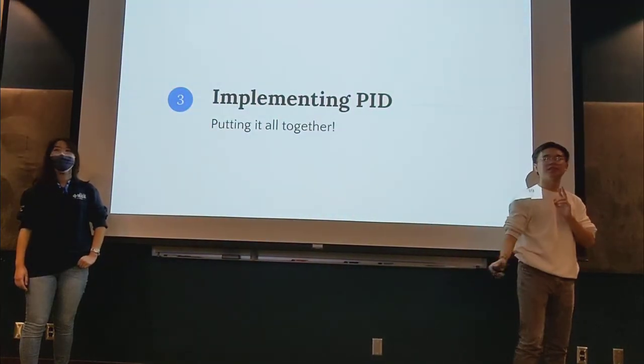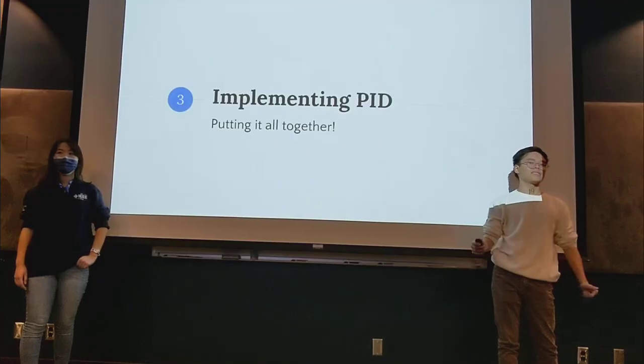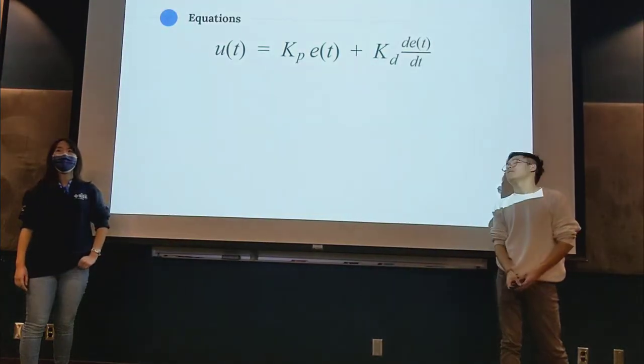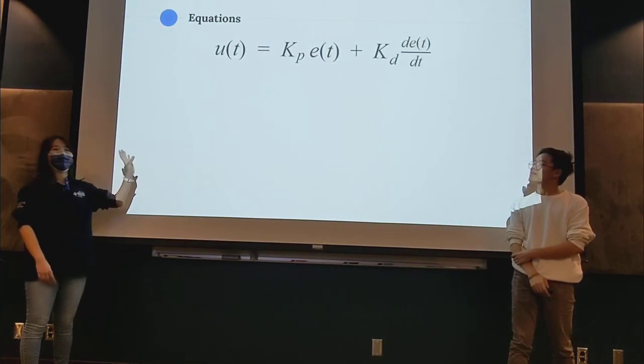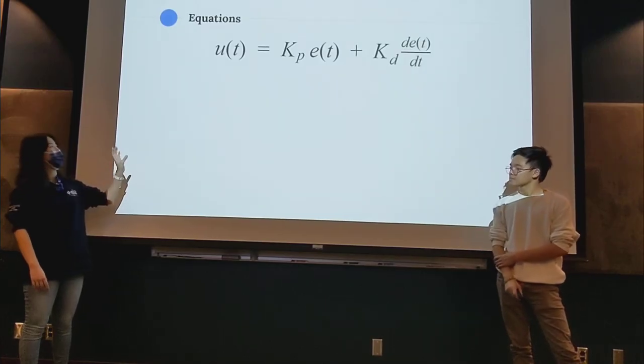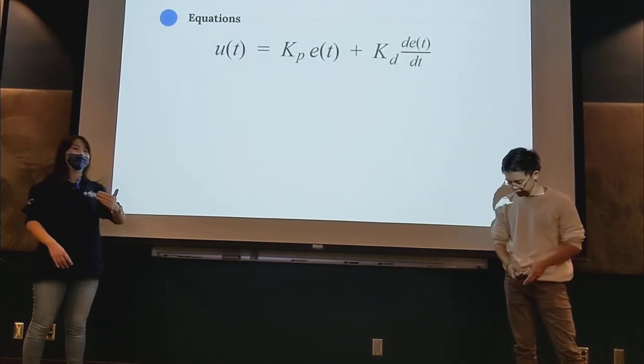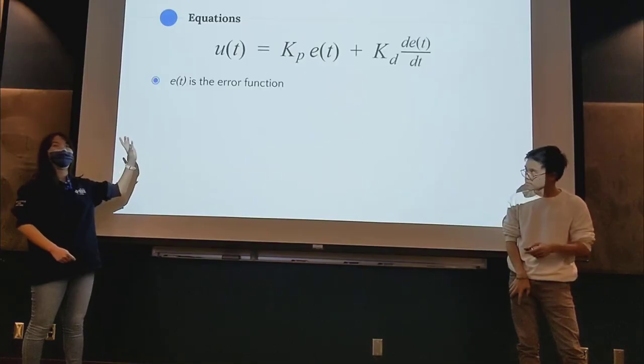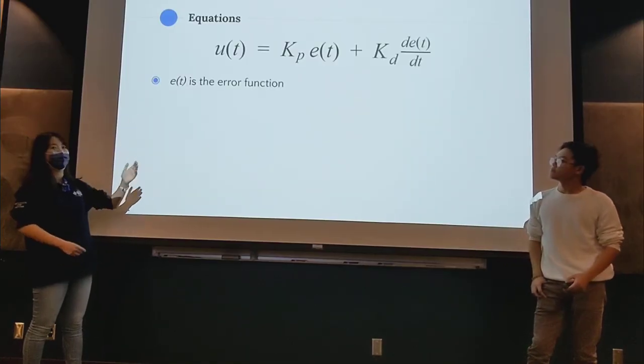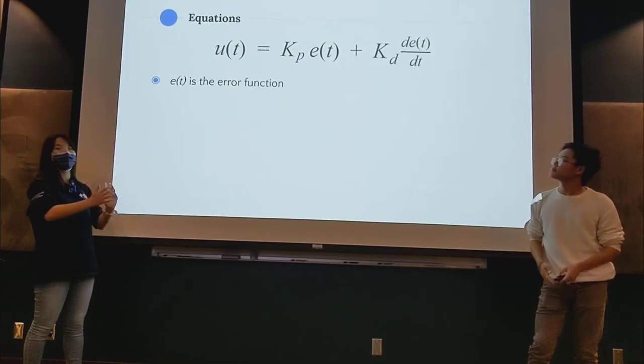Right, let's see PID. Everybody's still good? Still following? Alright, here's the actual mathematical equation. I know we showed you the diagram earlier, but here is what it looks like in terms of equations, which might be more familiar than the diagram.